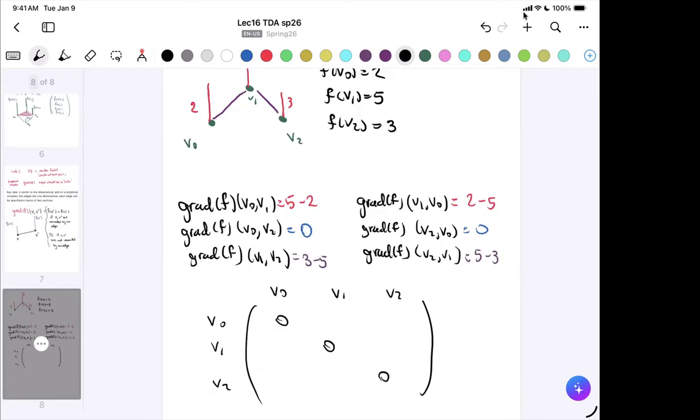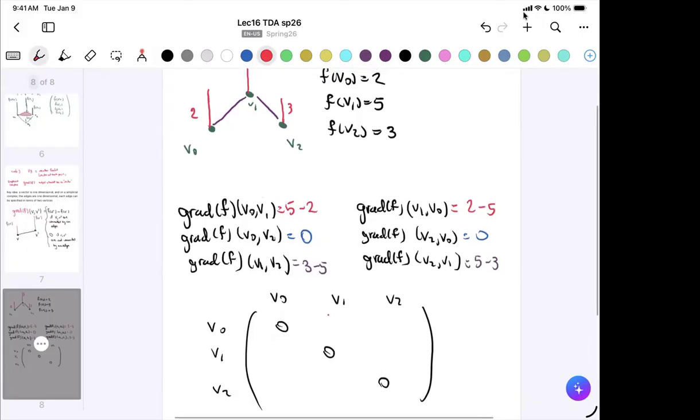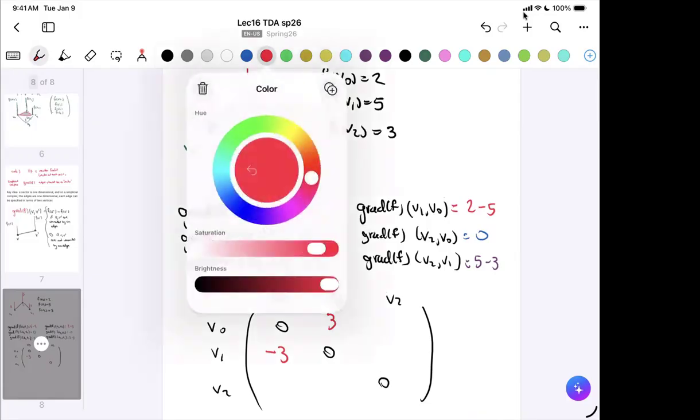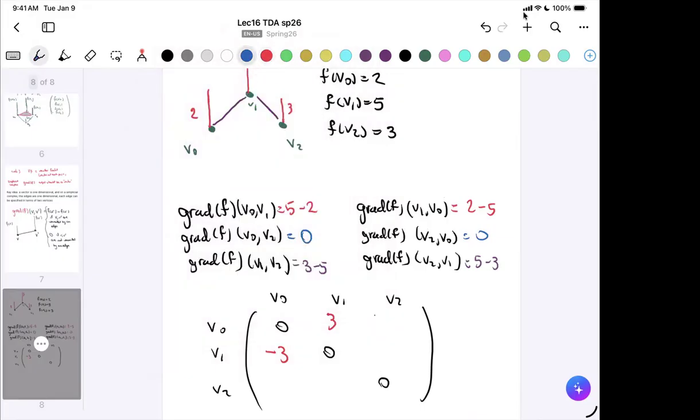You just choose your convention for labeling, but you can do it this way. The point is that you could represent all these differences in values of the function in terms of a matrix, and the way the gradient is defined, by default it always ends up being skew symmetric.